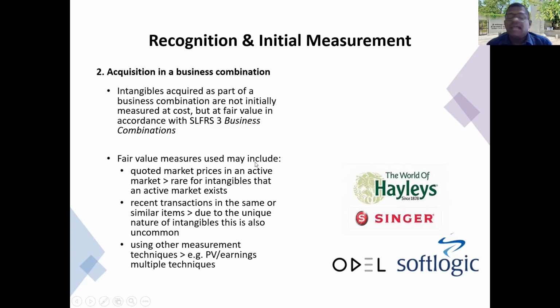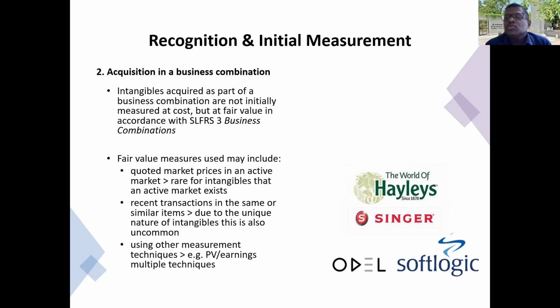But anyway, there are three ways of measuring fair value as per LKAS 38. Quoted market price: you go to the active market and get the price. That should be your price. Recent transactions in the same or similar item: if there is no active market, you can take the recent transaction in the same or similar items.